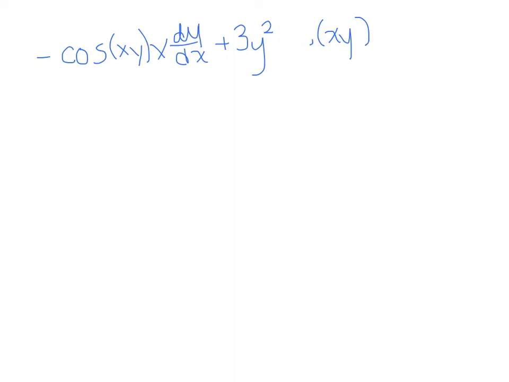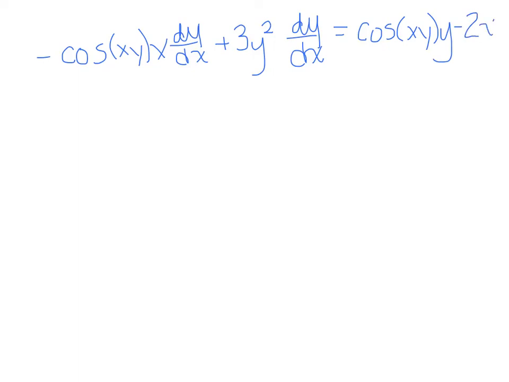I think it was just 3y squared dy/dx. And then I moved to the other side. There was a negative cosine of xy times y. So I'm going to put that over here, cosine of xy times y. And there was a 2x that becomes a negative 2x as we move it to the other side.